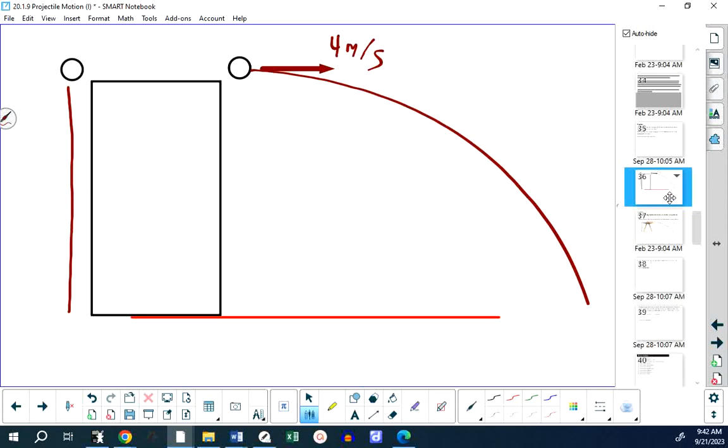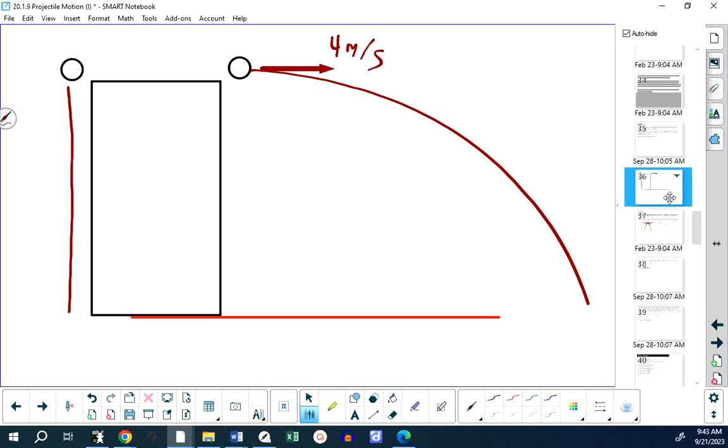The difference would be that this ball is going to land directly below where it was dropped, and this one will land some certain distance away. Now, if it were 40 meters per second, in theory it should take the same time, but it's going to land even further away. So we're going to go over into the atrium, and I have this set up on the second floor by the elevators there, and we're going to try it.